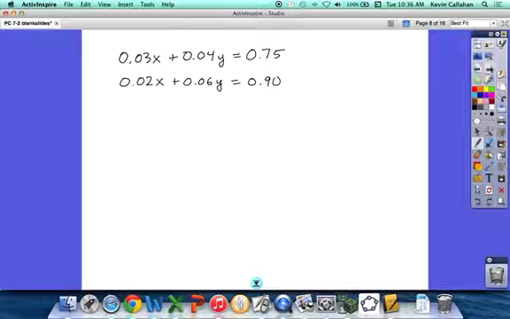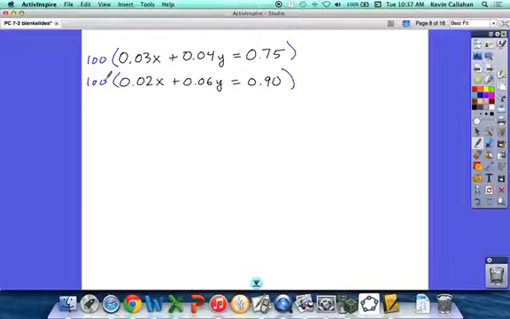By 100. 100, 1 followed by 2 zeros, will move that decimal point over 2 places. So in this case, that will be multiplied by 100, and that will be multiplied by 100. It doesn't have to be. There could be one that you multiply by 10 and one you multiply by 100. That's okay.